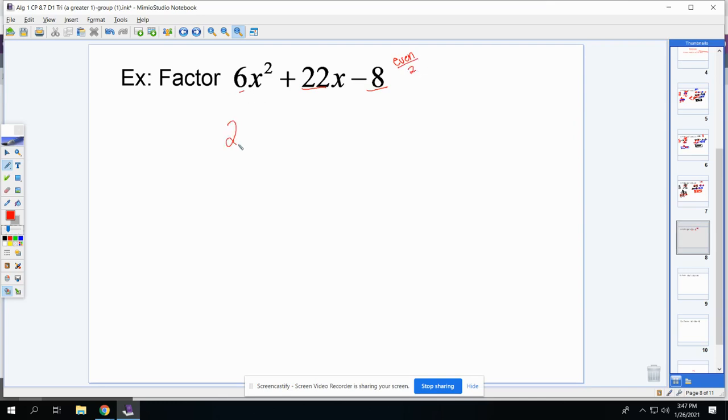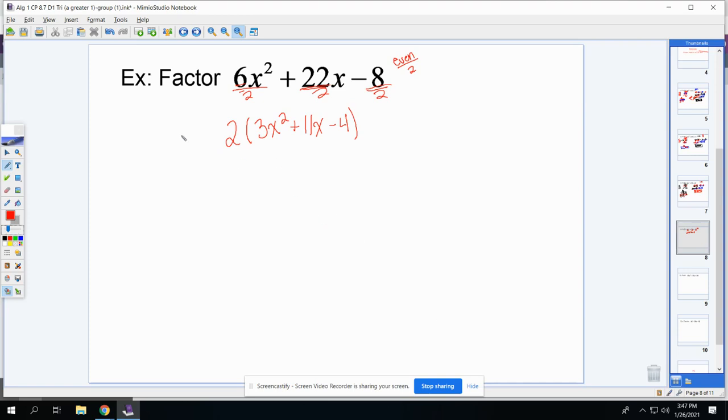So what I'm going to do is I'm going to factor out a 2. I'm going to say 2 times 3x squared. Now I got to divide each of these by 2. When I do that, 3x squared plus 11x minus 4. 2 times 3x squared plus 11x minus 4.